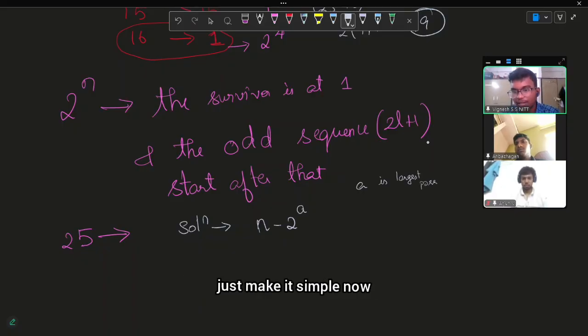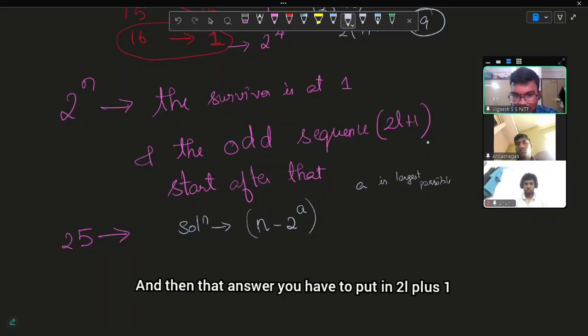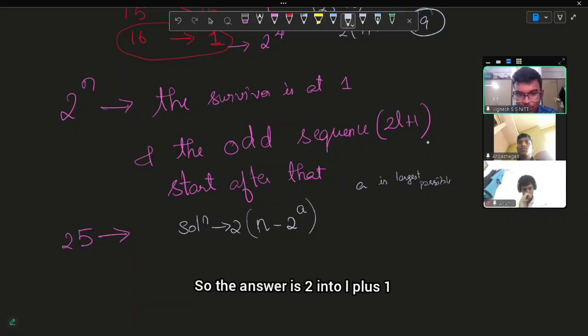We'll just make it simple now, and then we'll make it more mathematical. You will get an answer for that, l, and then you have to put it in 2l plus 1. So the answer is 2 into l plus 1.